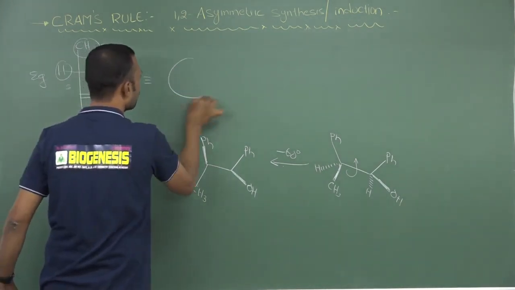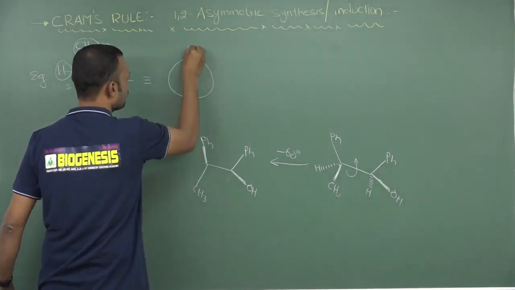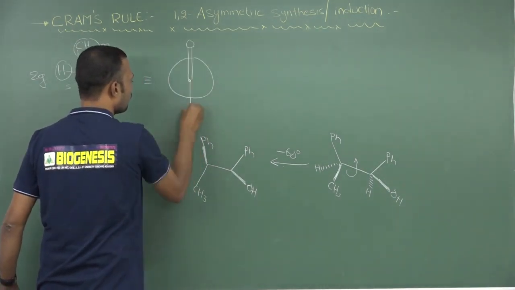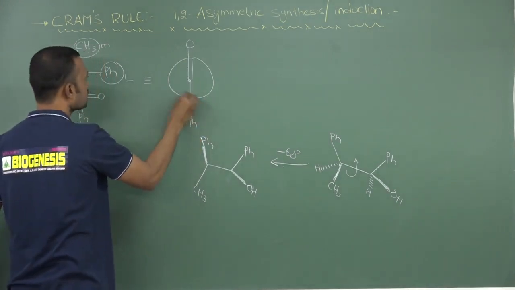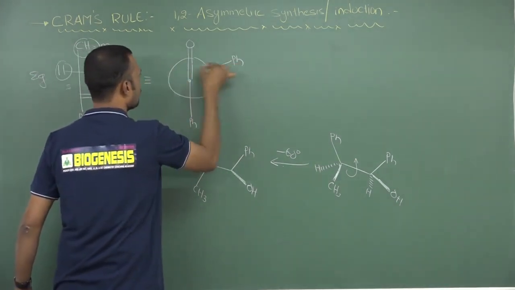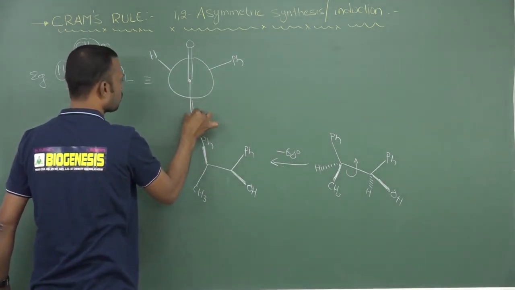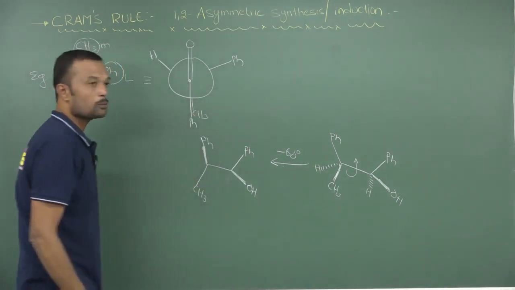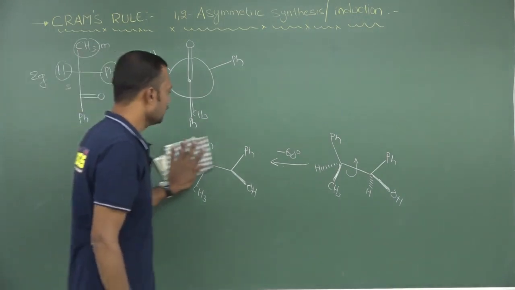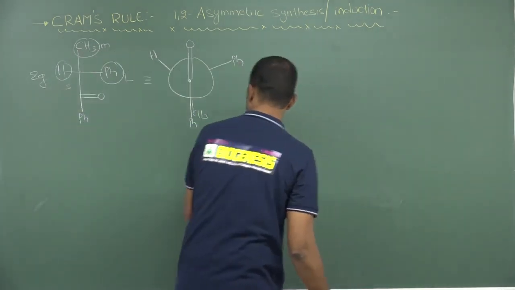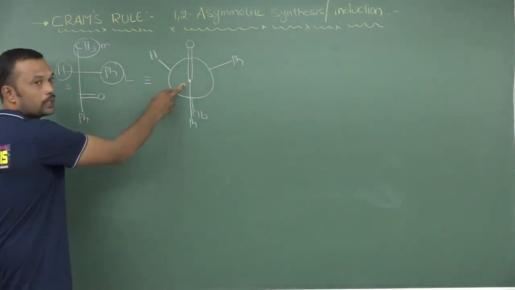First of all, you write down the proper orientation. This is carbonyl, here it is phenyl, below is methyl, this is the right side, so the left side is hydrogen. So this is not a proper way of writing a Cram's model. Even though they give it like this, you need to project it like this.